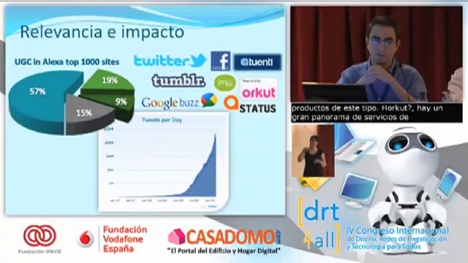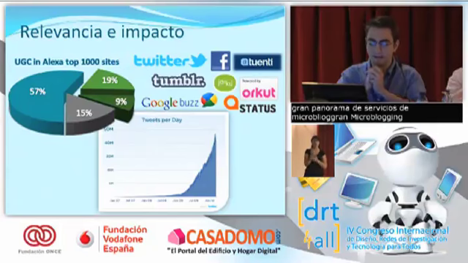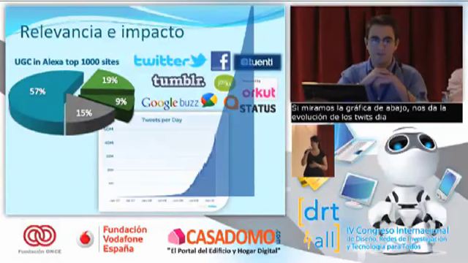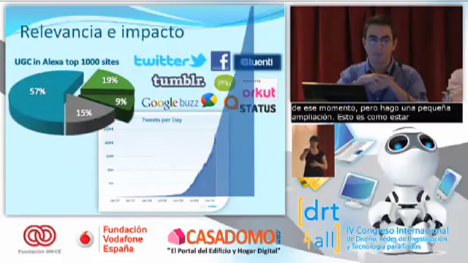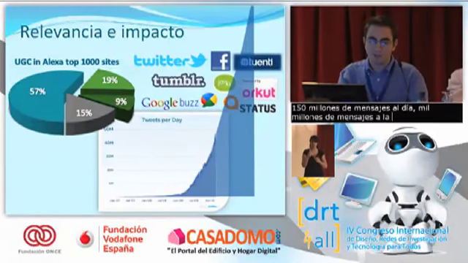And if we look at the graph at the bottom, we can see the amount of visits. In March 2010, you can see that we arrived at thousands of visits a day, but I think that in April this year we'll have 150 million a day.